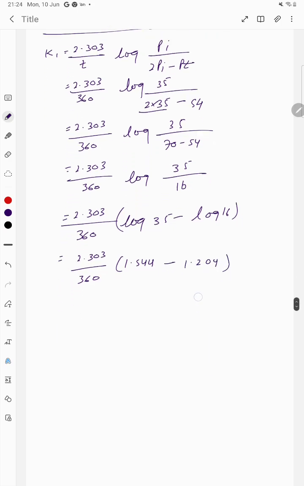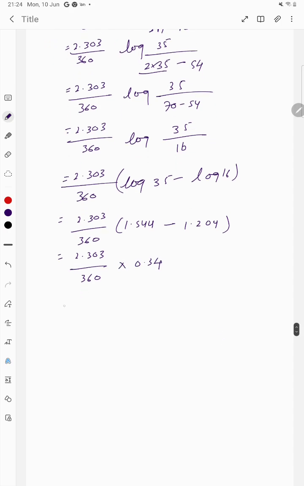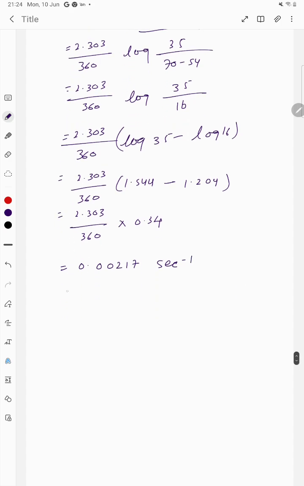Solving this, 2.303 upon 360 times 0.34. So the answer is coming 0.00217 per second, or you can write 2.17 into 10 power minus 3 second inverse. This is K1.